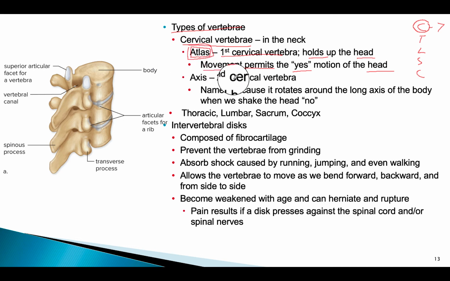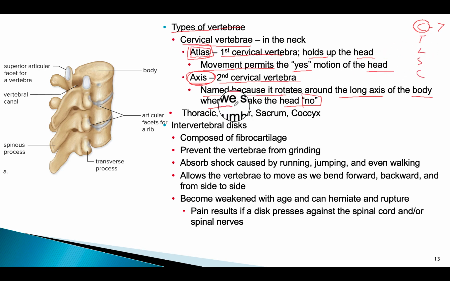The next cervical vertebra is your axis, the second cervical vertebra. It is named because the head rotates around the long axis of the body when we shake the head no. So when you are saying no, you are utilizing the axis, or cervical number 2.